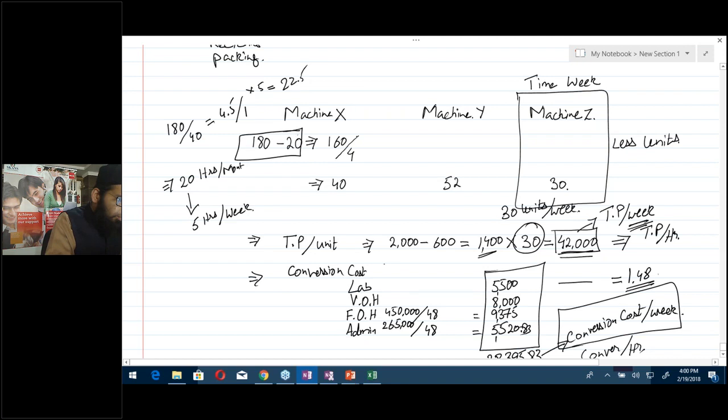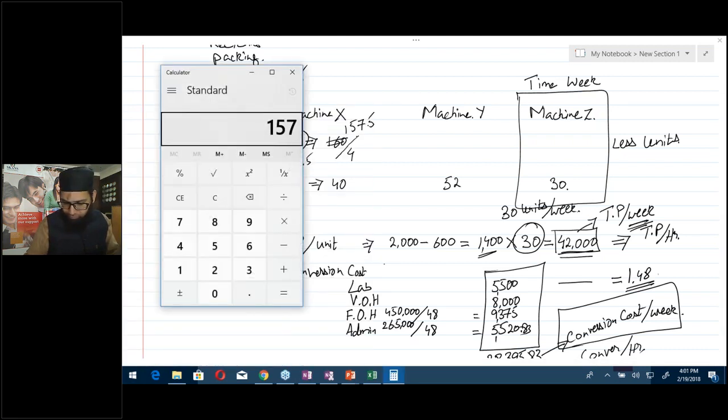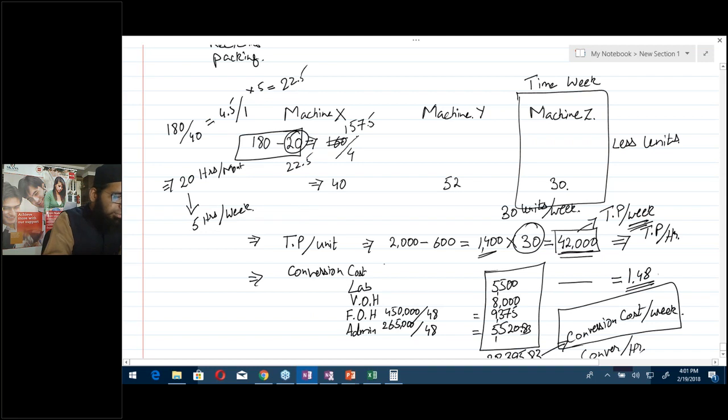So now instead of 20, if I use 22.5, the answer will be 157.5. And if I divide it by 4, it will be 39.375.